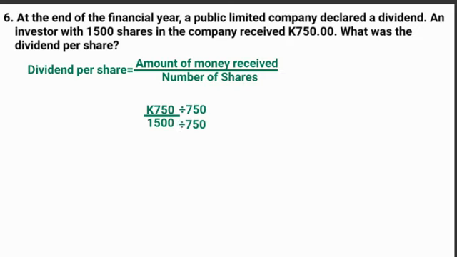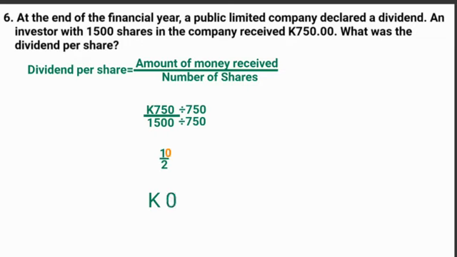Okay, so 750 kwacha divided by 750 is equal to 1, and 1,500 divided by 750 will give us 2. Then we can say this is 1/2 kwacha, or we can convert this into a decimal number which will be 0.